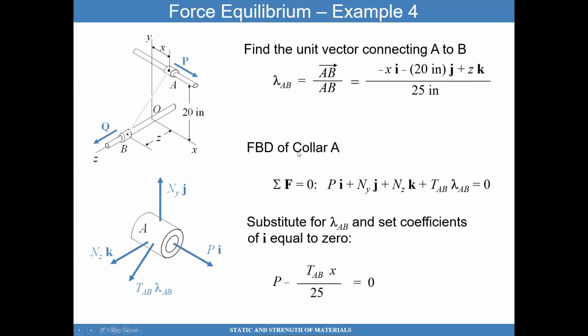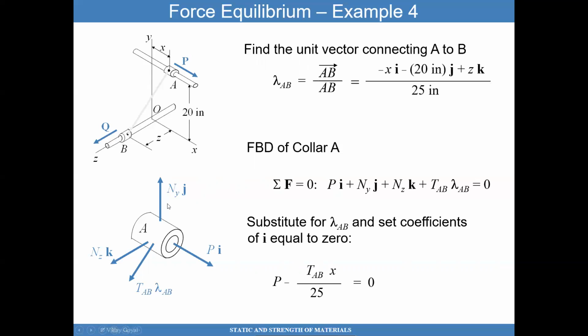Then I want to draw a free body diagram of collar A. That's my first step. Collar A is along this frictionless rod. Therefore, the rod is imparting contact forces onto the collar in two directions, potentially in the vertical direction and also along the z direction.